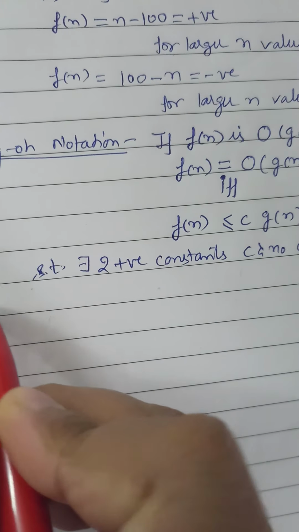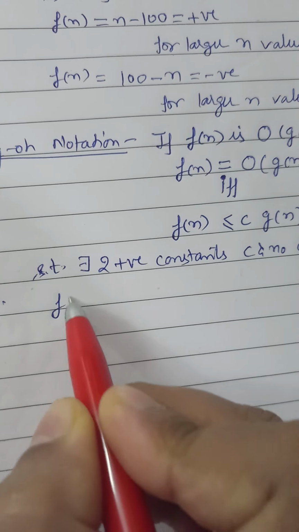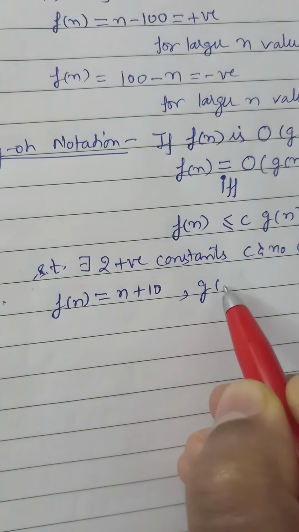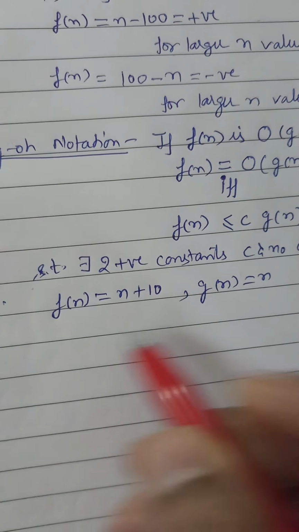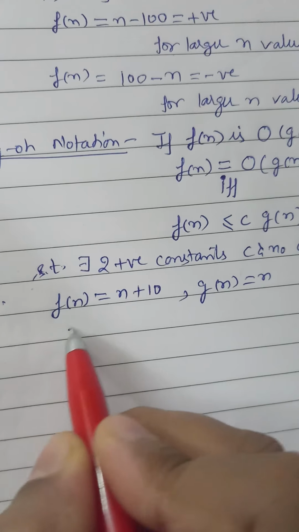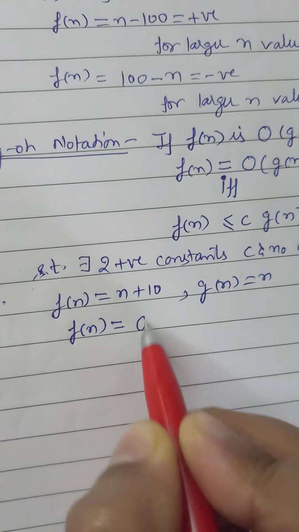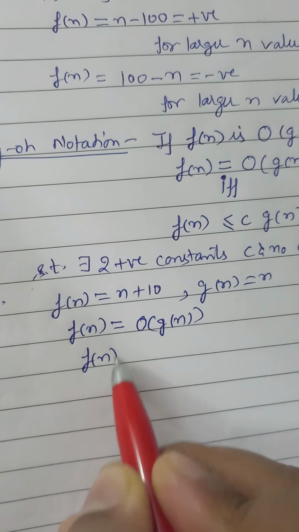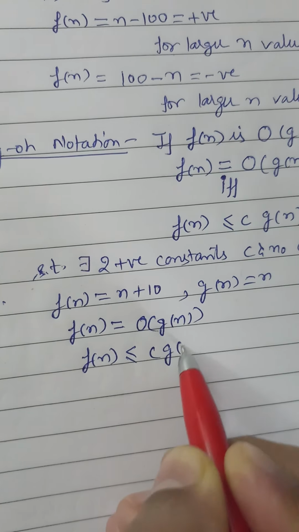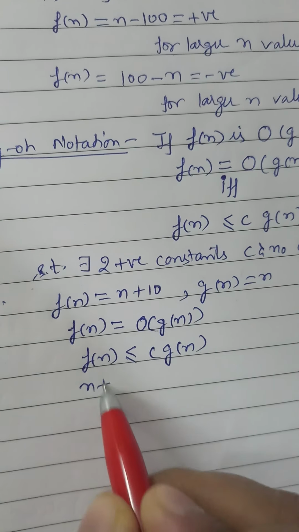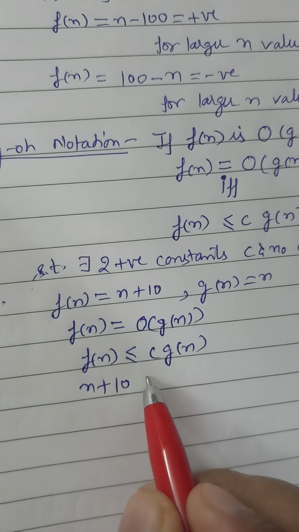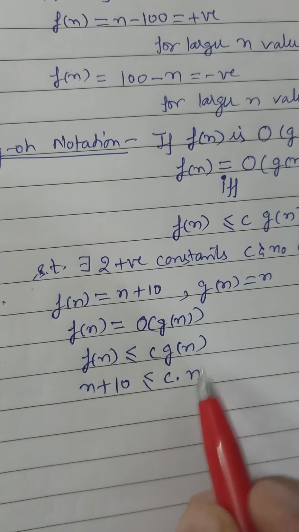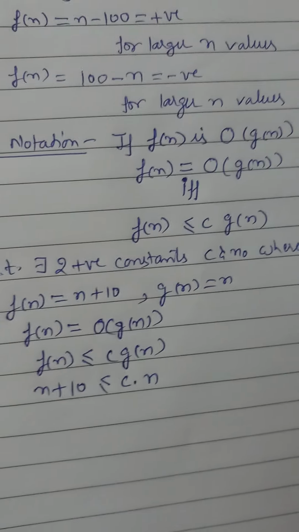So let's take an example. Suppose F(n) is equal to n plus 10 and G(n) is equal to n. How will we handle it? As F(n) is equal to order of G(n), then F(n) will be less than or equal to c G(n).